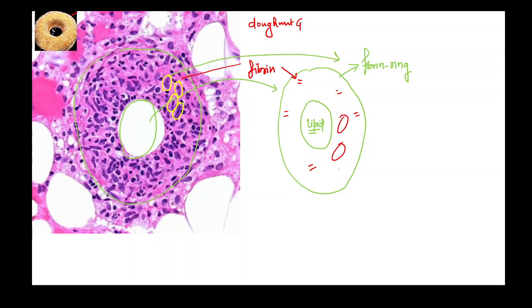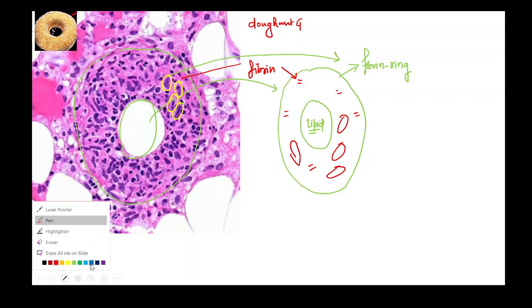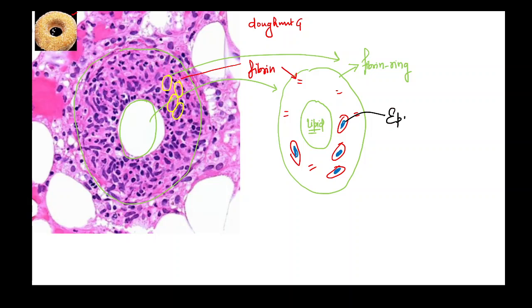These are the elongated cells with elongated nuclei. Can you tell me what these cells are? Very good, these are epithelioid cells.